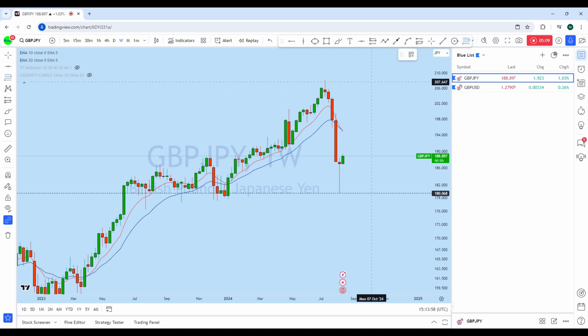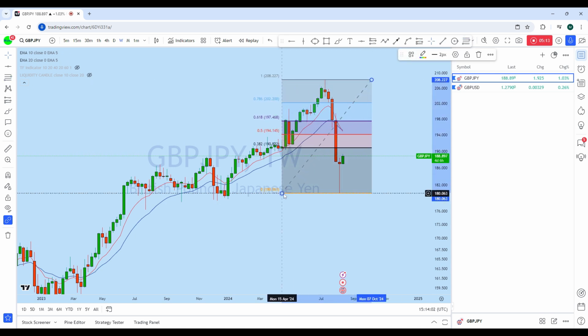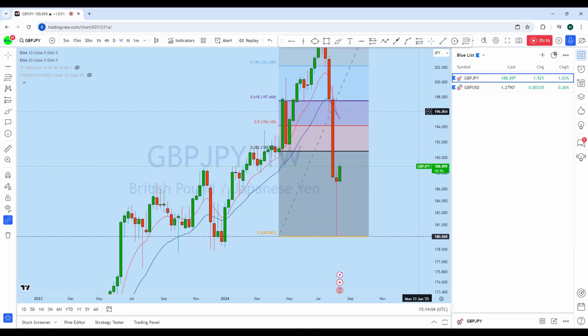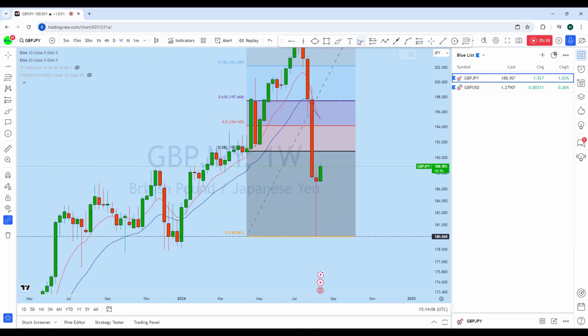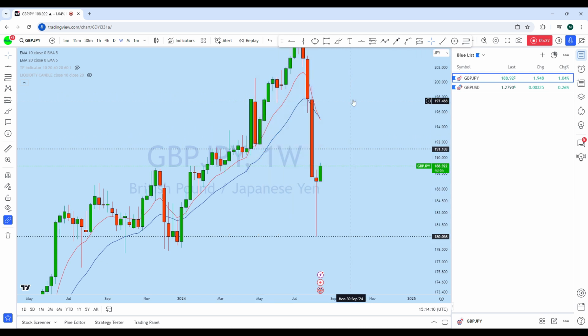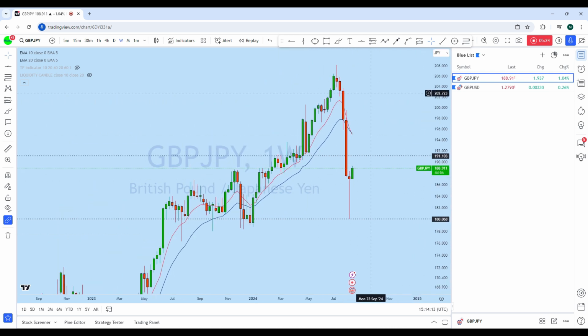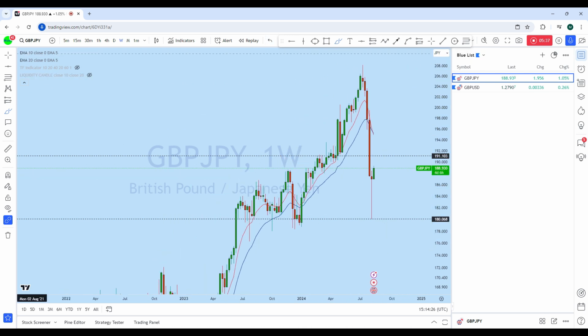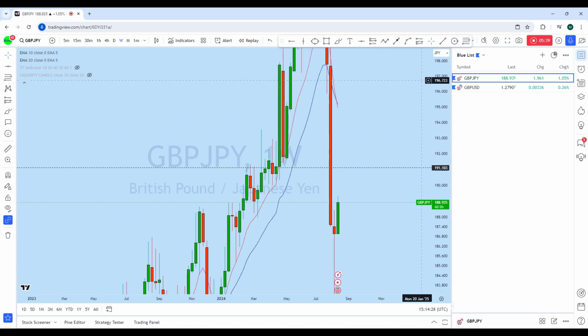If we take the Fibonacci from this weekly move from high to the low, we can see that the market is currently approaching the 38.2% Fibonacci level, which is the minimum Fibonacci pullback. And with this minimum Fibonacci, the price shows a strong pullback, and we are expecting it to even continue to rise further, or after the Fibonacci retest to drop back down again on GBPJPY.